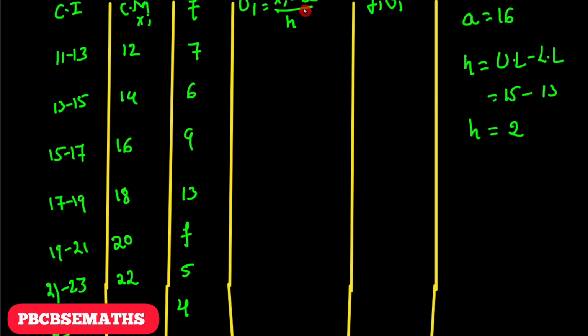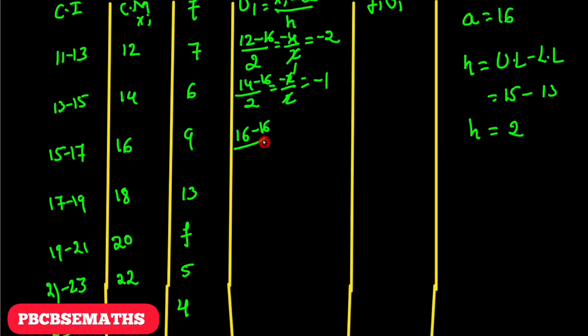Let's calculate the ui value now. So here the xi value is 12 minus the a value 16, divided by 2, that is minus 4 by 2, which gives us minus 2. Similarly, here 14 minus 16 by 2, which means minus 2 by 2, which gives us minus 1. Here 16 minus 16 by 2, which means 0 by 2, which means 0.